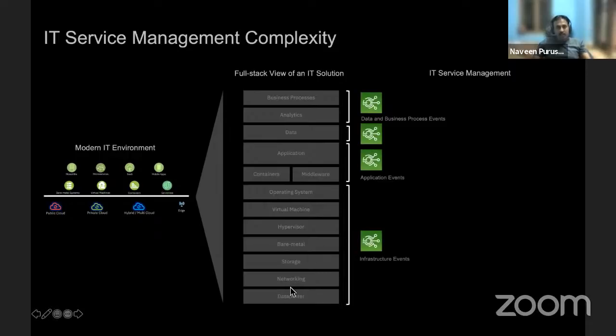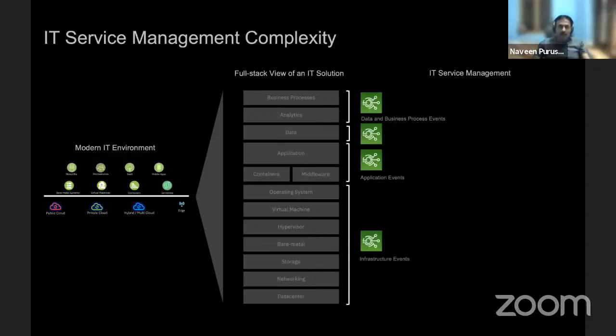You will have a data center component, network component, storage component, bare metal component, and hypervisor, which is a facility used to virtualize compute, storage, and network functions. And then you have the virtual machines, operating system, sometimes a container, sometimes no container, application, data analytics, and business process.